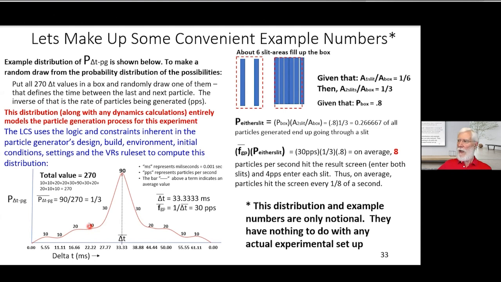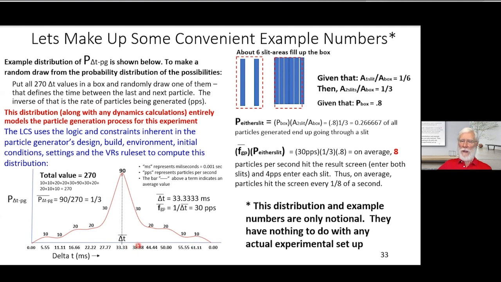So we can model that whole complex process of that particle generator just by this curve. We take a random draw and that's when the next particle comes out. You see, but we can only do that because we've generated this curve by looking at the details of the rule set. Remember, deterministic rule set at the bottom, probabilistic on top.